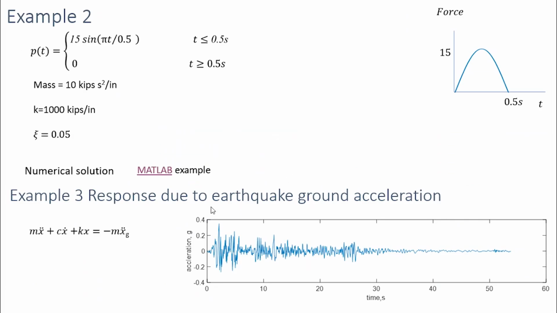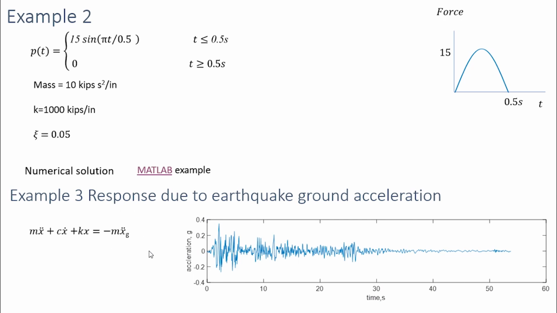In the next example, we will find the response of the single degree of freedom system due to earthquake ground acceleration. So this is an example of an earthquake ground acceleration. During an earthquake, the force acting on the system is equivalent to minus mass times the ground acceleration.